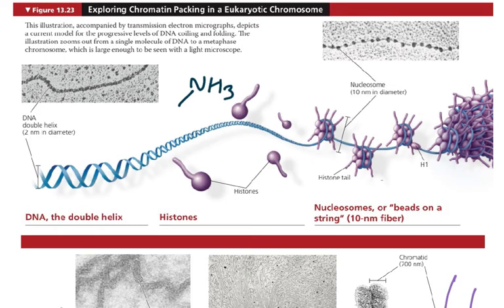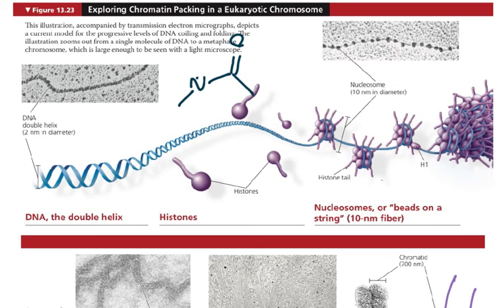In this case, it's going to be an NH3+. And these HATs, these histone acetyltransferases, are going to put an acyl group on there. So they're going to take away some of those hydrogens, and instead what's going to happen is that this is going to get acetylated, which looks like this. And now the charge is gone.